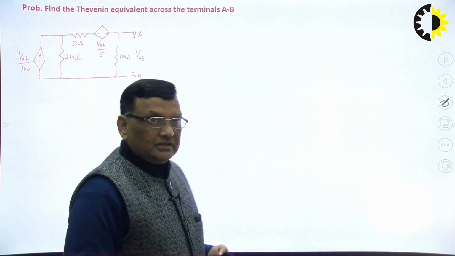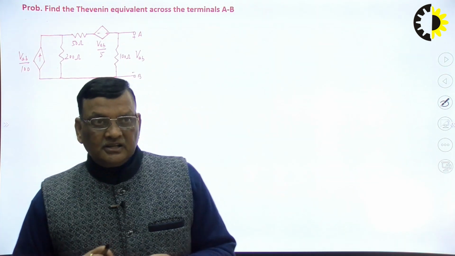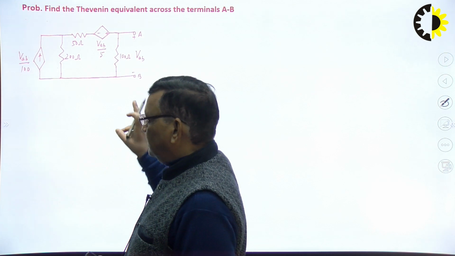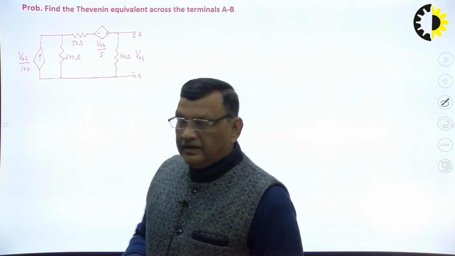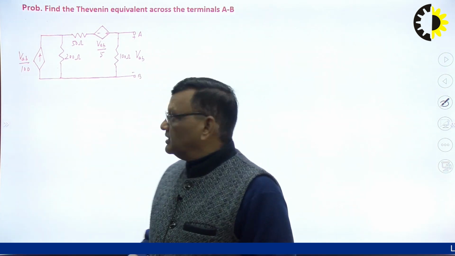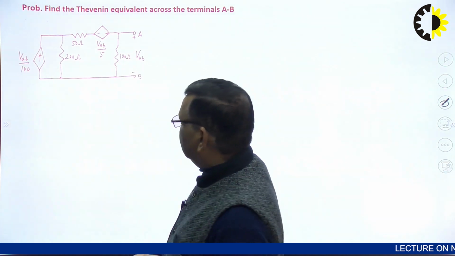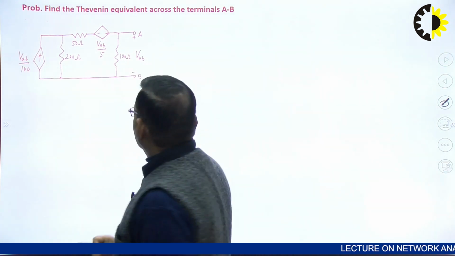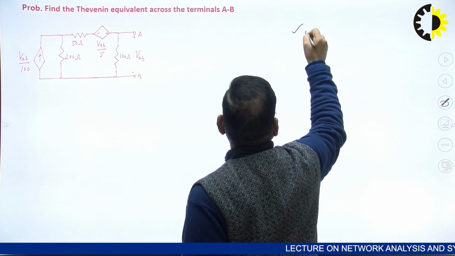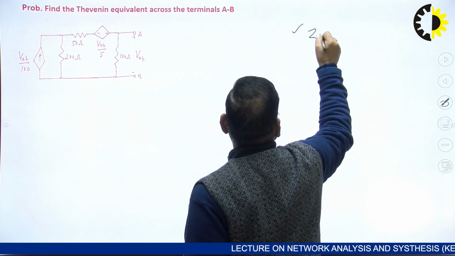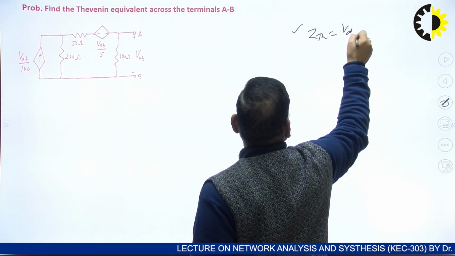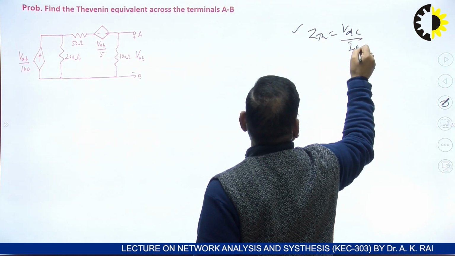Now take another example. In this case, the network is containing only independent sources. So, when the network is containing only independent sources, to find the ZTH, we take VDC upon IDC.